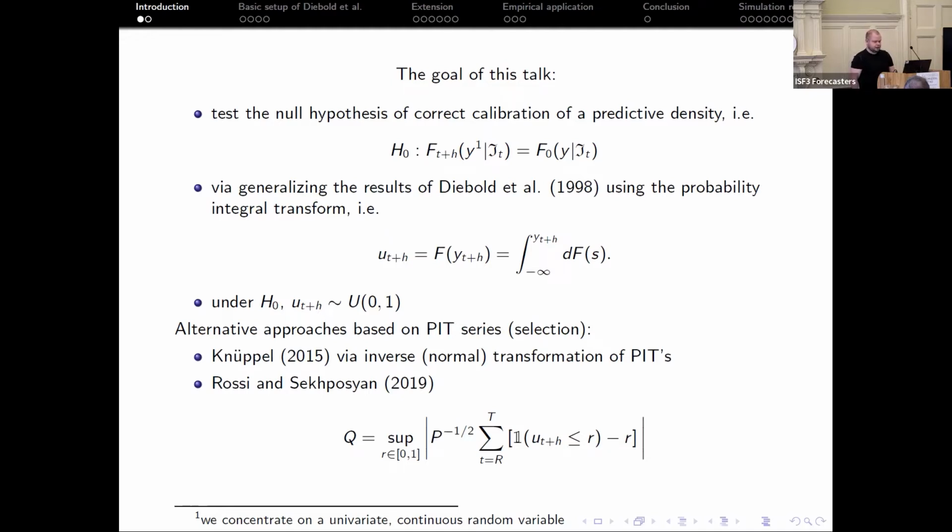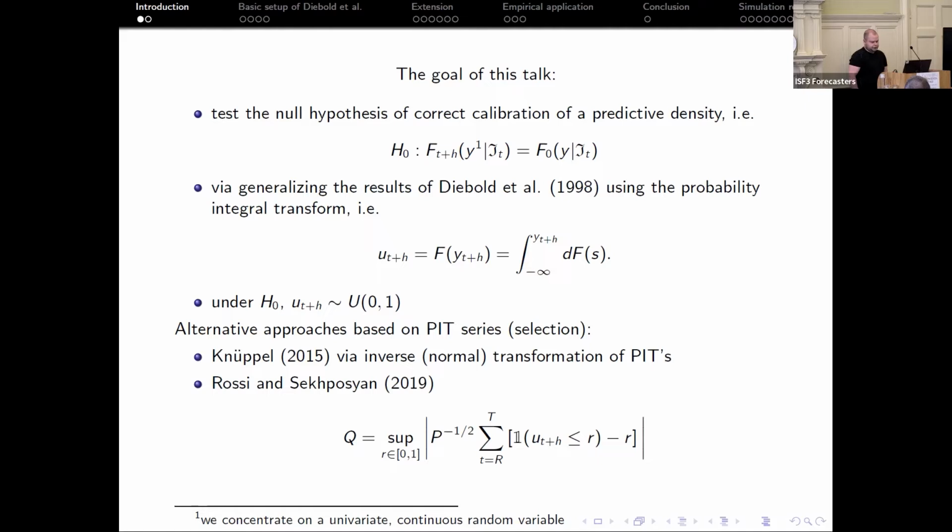There are a couple of more tests which use these PIT series to test for correct calibration of the predicted density. One is due to Malte Knüppel again, which uses another transformation based on the PIT series, a normal transformation, and then tests for certain moments of the normal distribution.